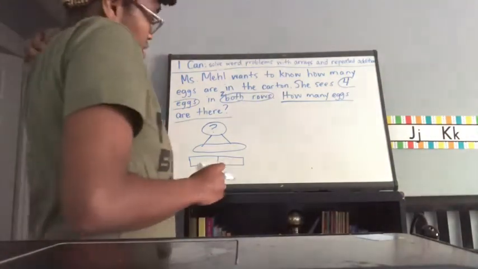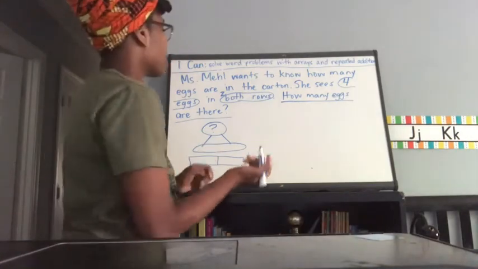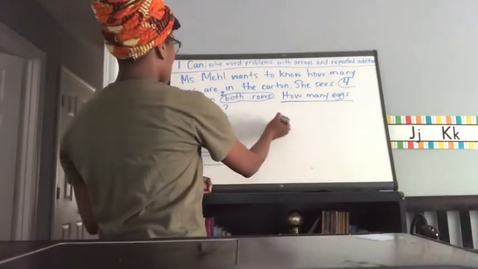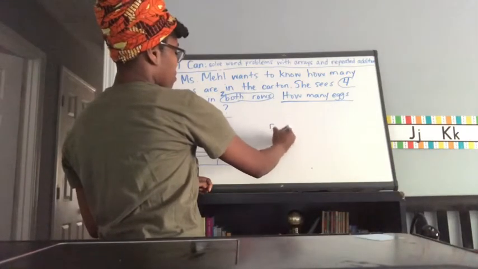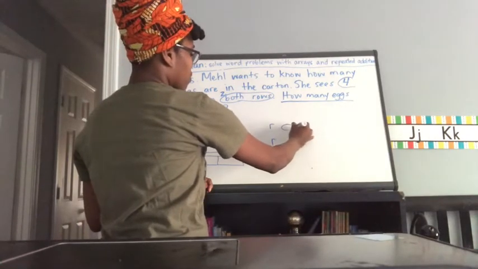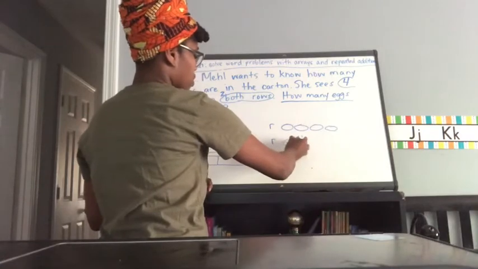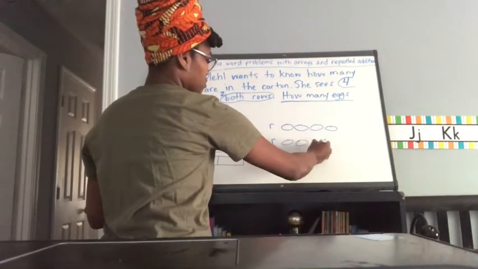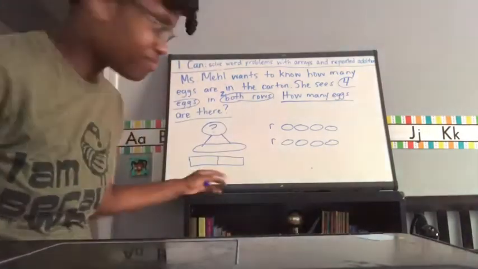So if there are just 2 rows, I'm going to split my tape diagram into 2 and think about what number is repeating. Let's draw out exactly what Miss Mel saw. She saw 4 eggs in both rows. So I'm going to start by labeling my rows, and then I'm going to draw 4 eggs in each row. Sure, that's not what a carton of eggs looks like, but you get the picture.